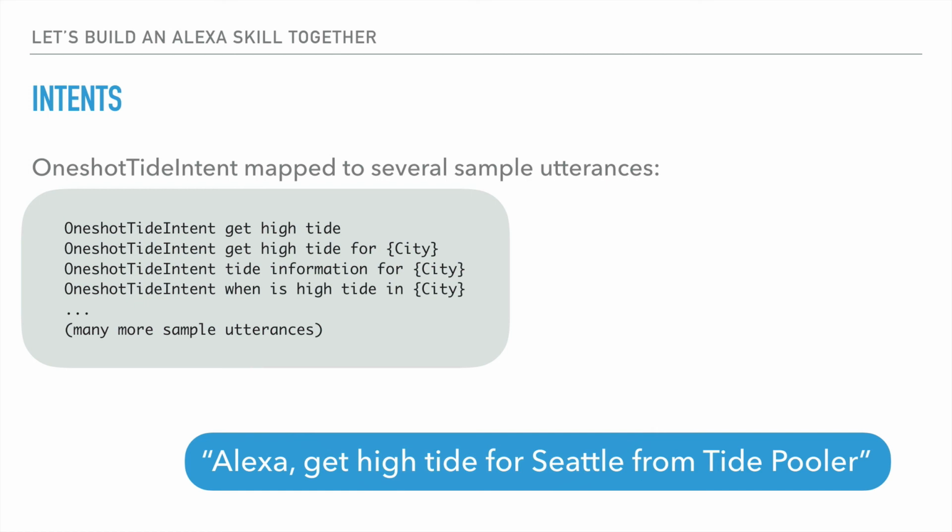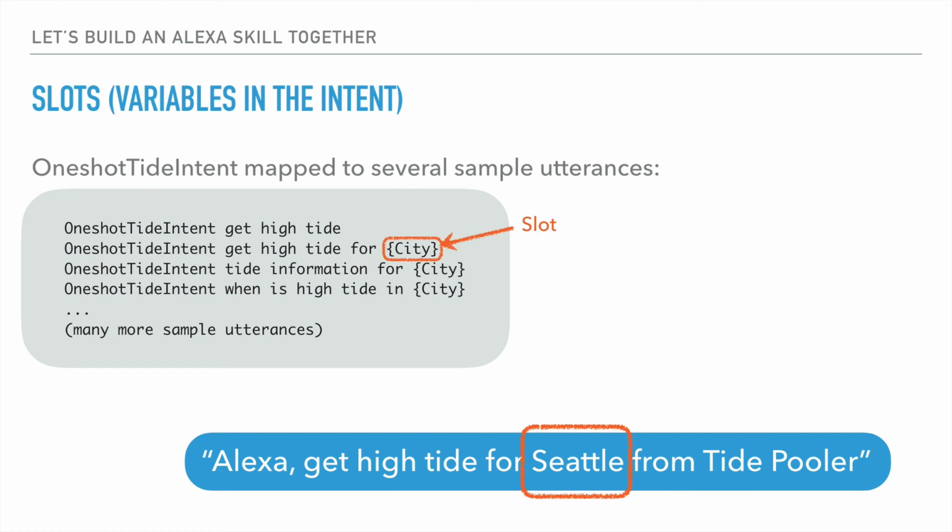So when someone says, Alexa, get high tide for Seattle from Tide Pooler, this get high tide for Seattle is a sample utterance. And then Tide Pooler is the invocation name. The invocation name does not have to match the intent. So one-shot tide intent is the intent name, but the invocation name is Tide Pooler.